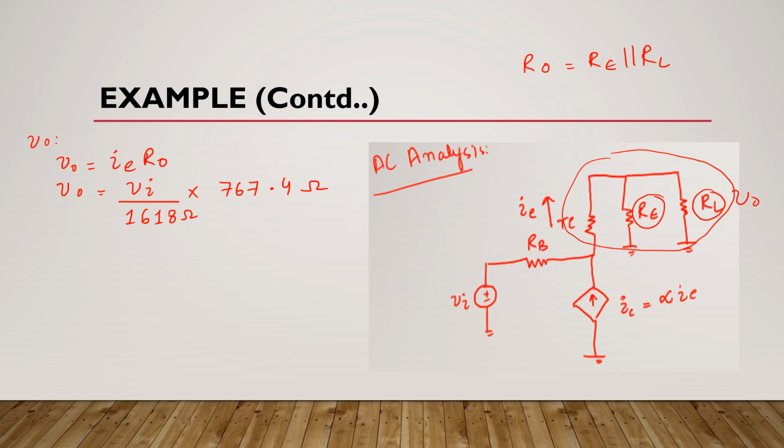It means here V naught divided by VI is equal to 767.4 ohms divided by 1618 ohms. After solving this, you will get 0.47. So what is this? This is your voltage gain. So this is your AC analysis of this circuit.